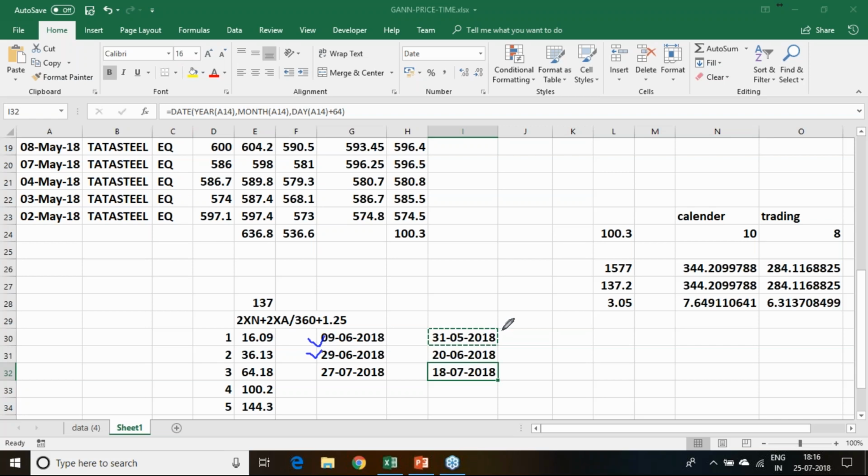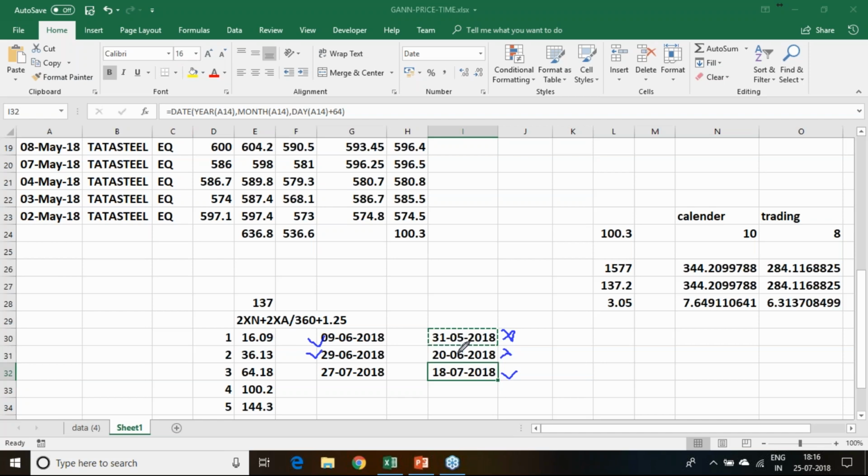Here you have not achieved anything. However, this also you have achieved something. So out of 6 days, though on these 2 days you have not achieved any major top or bottom, these 2 days also made the second highest high for the month or the second lowest low for the month.